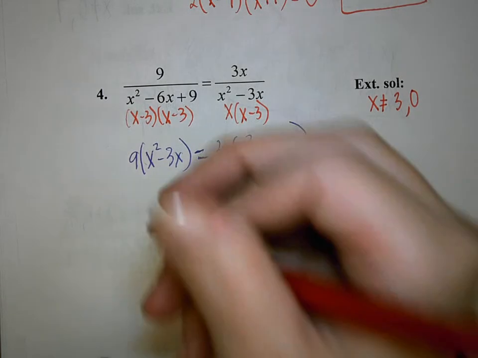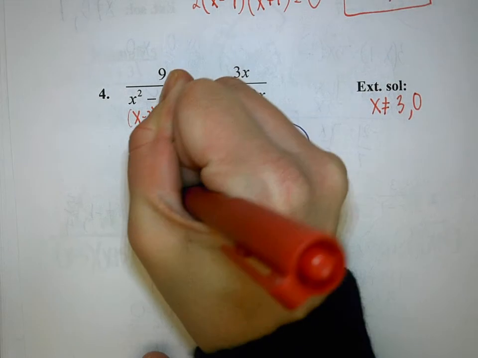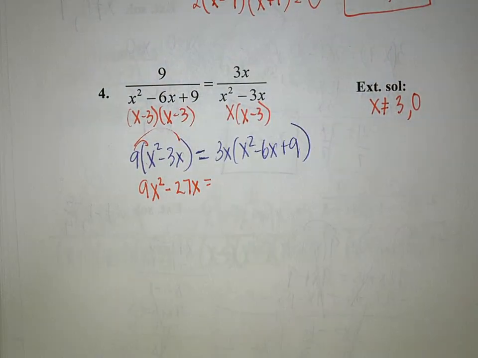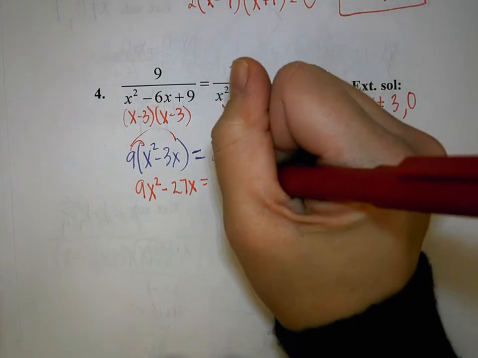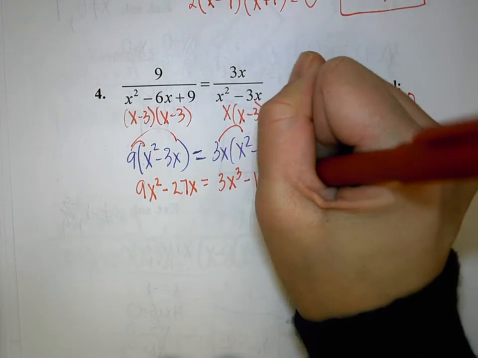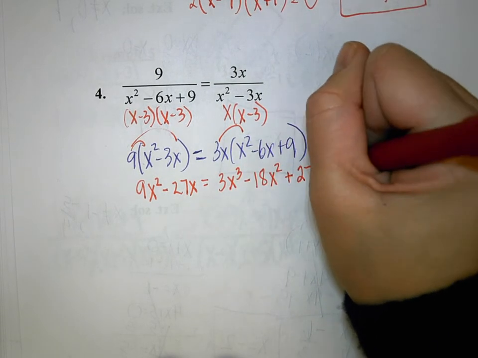So next I'll distribute this 9 through, and I get 9x squared minus 27x equals, we distribute the 3x through, and we get 3x cubed minus 18x squared plus 27x.